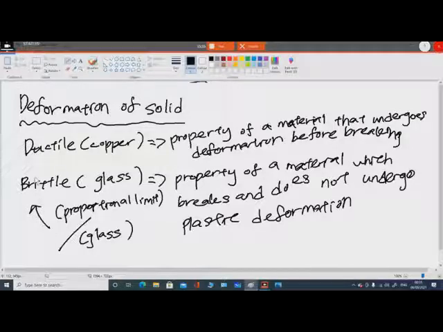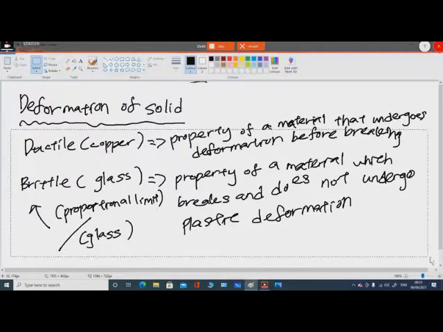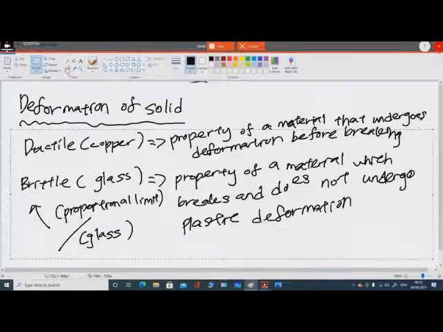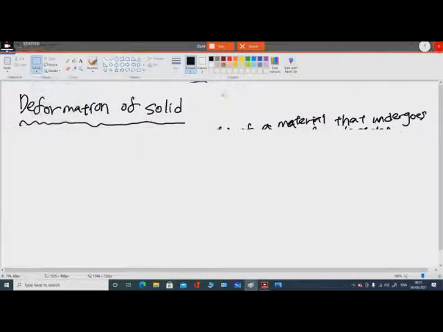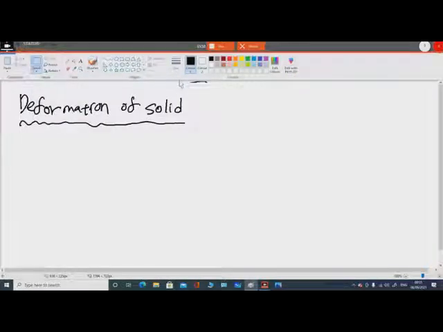Okay, let's move on to another part. We have done these two. Let me erase this one and this one as well. Let's move on to polymeric materials.